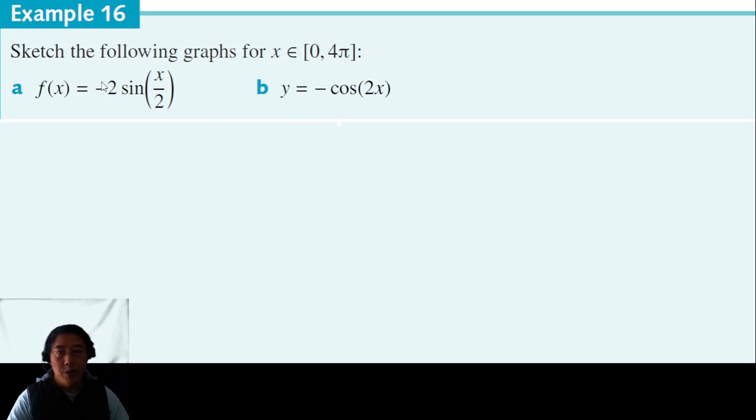Okay, the negative, you're going to deal with the reflection. The period is 2 pi divided by 1 over 2, so that gives you 4 pi for part A. For part B it is 2 pi divided by 2, which is pi, so it's going to be closer, a smaller period. Here it's a longer, double period, and here it's a half period of 2 pi.